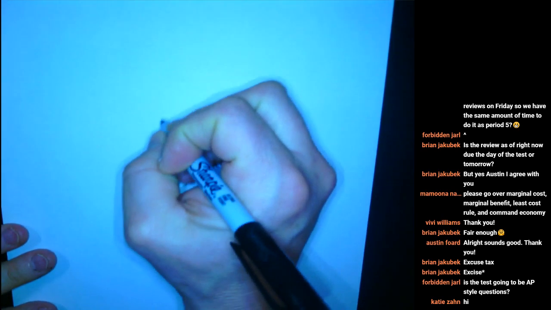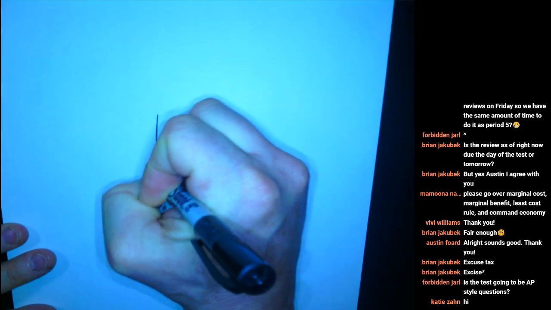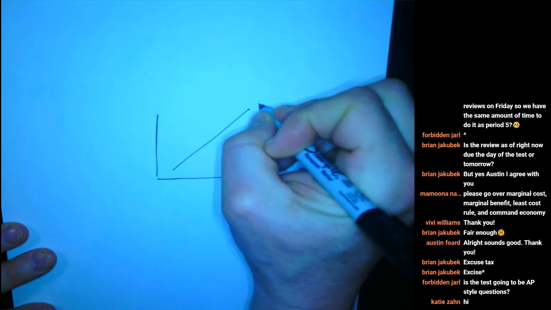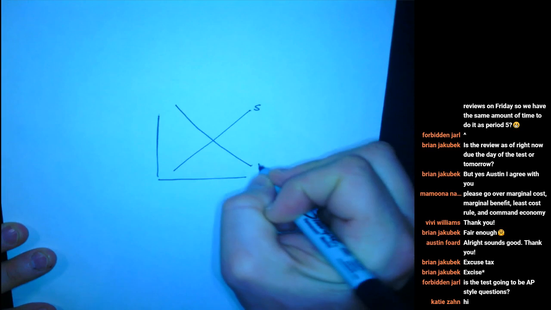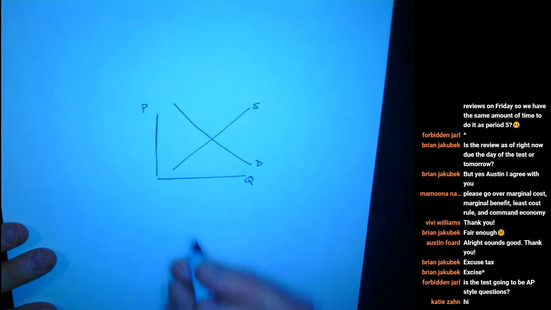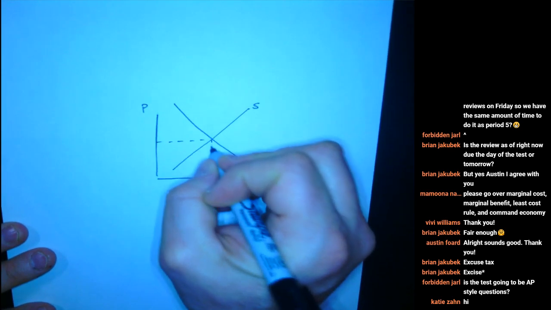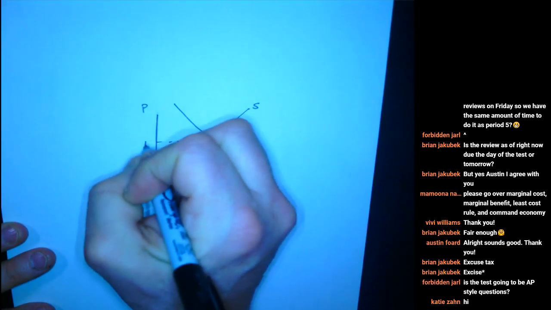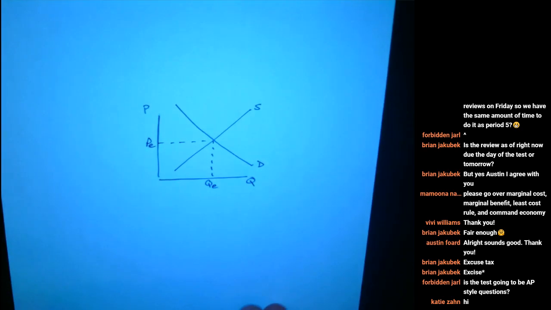Excise taxes. So let's go back. We have supply, we have demand, quantity, we have price. There's QE, there's PE. So the market right here is in equilibrium, okay?